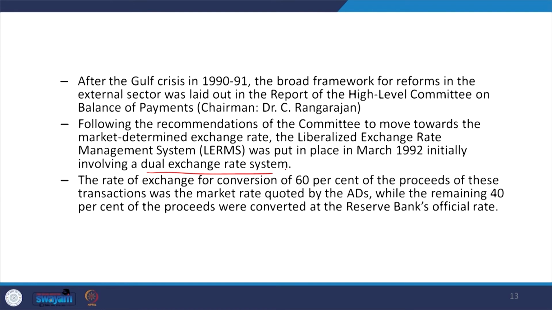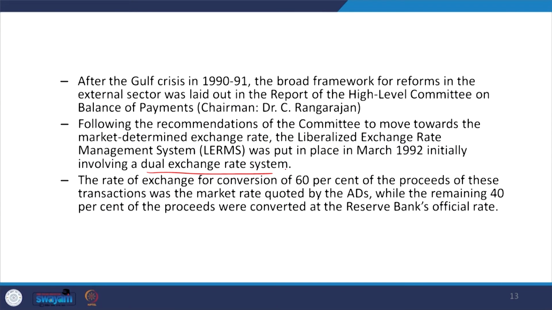The rate of exchange for conversion of 60% of the proceeds of these transactions was the market rate quoted by the authorized dealers, while the remaining 40% of the proceeds were converted at the Reserve Bank's official rate.